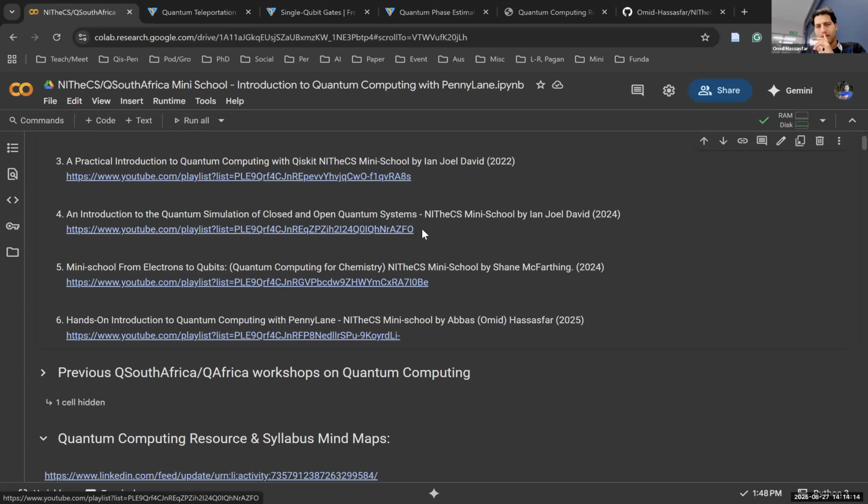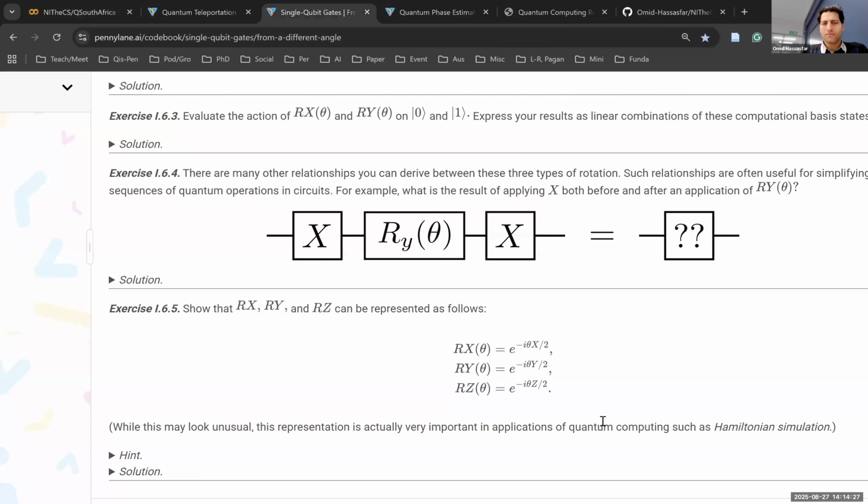I put the playlist here, it was 4 or 5 lectures for quantum simulation. For this, you sometimes need to use matrix exponentiation to calculate your Hamiltonian simulation. So this is important. I don't want to talk about this a lot, but just keep in mind that sometimes you need to exponentiate a matrix, e to the power of a matrix.